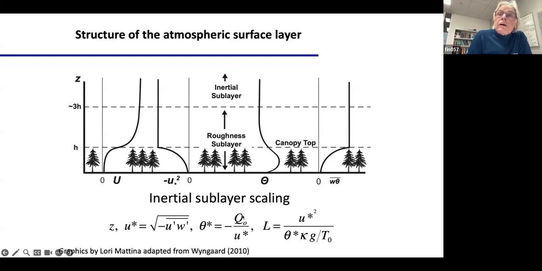Theta star, the temperature scale, which is the kinematic heat flux divided by u star, and this parameter L, the Obukhov length, which expresses the relative importance of shear and buoyancy in generating turbulence. Again, this is one of the key advances that came out of the Monin-Obukhov group.